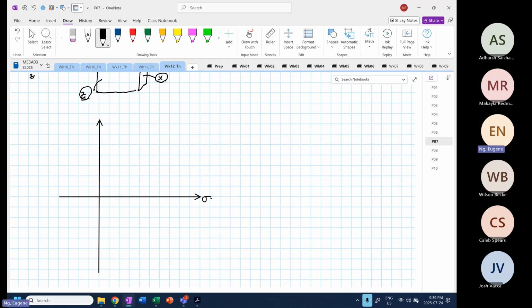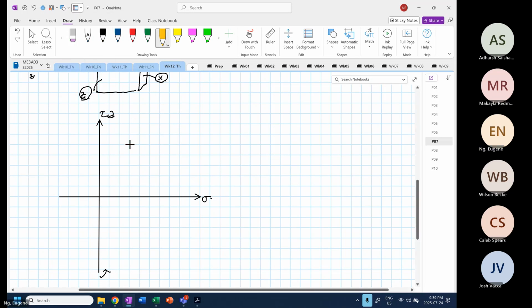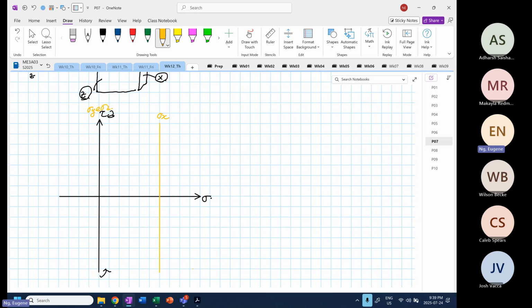This is your normal stress. This is your shearing stress going clockwise and anti-clockwise. Then this is your stress X, and you know that this line is your stress Y and your stress Z. We know that point Z is here because point Z has zero normal stress and zero shearing stress.